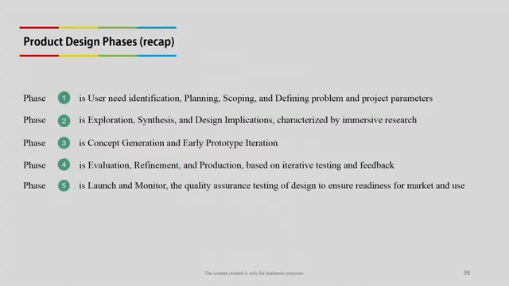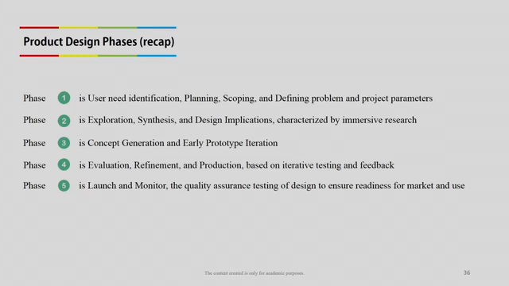Now, just a small recap, because I will be using these icons in the next slides to explain design methods, tools and frameworks. Phase 1 is user need identification, planning, scoping and defining problem and project parameters. Phase 2 is exploration, synthesis and design implications, characterized by immersive research.